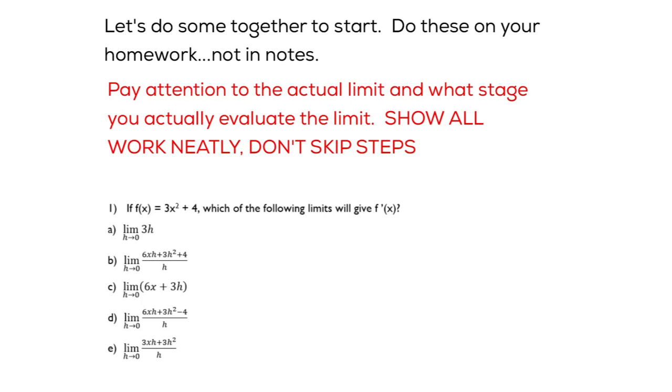So here's our function, 3x squared plus 4. It says, which of the following limits will give the derivative? Okay, so here I go. I'm going to start off, and I would highly recommend you always start right here, top left corner as much as you can, because some of these are going to take some space.